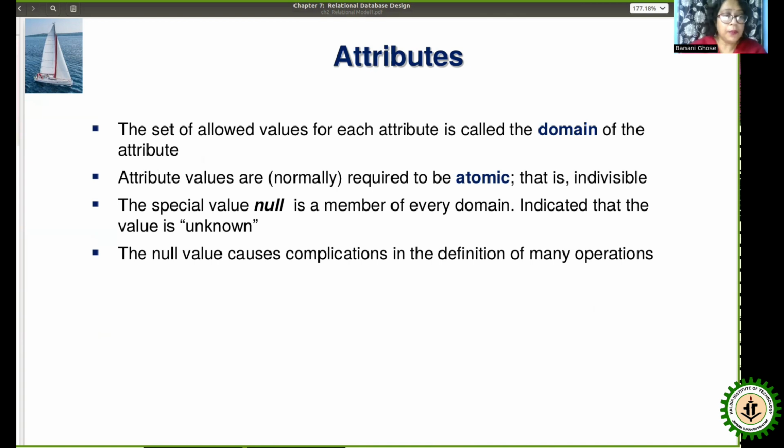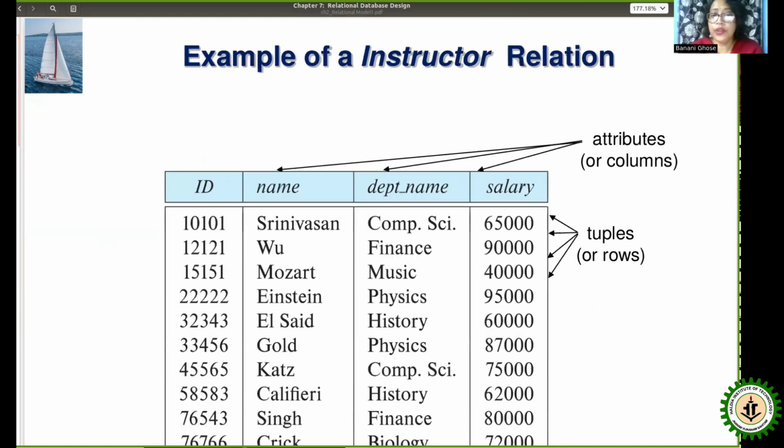What about coming to the example we have presently encountered? It is the instructor relation. Now, if you concentrate on this particular ID field, you can see that all the instructors have the ID as a numeric field. It could have been an alphanumeric field, but for this particular table, it is numeric.